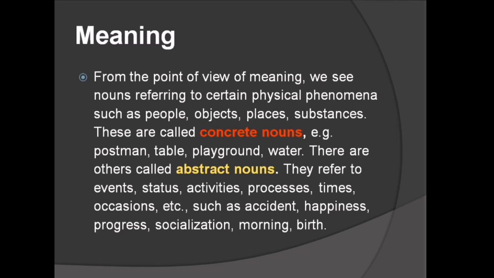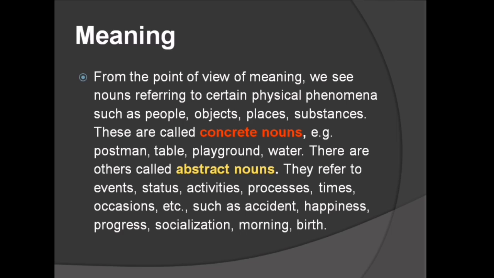Now what are the concrete nouns? The nouns which explain certain physical phenomena such as people, objects, places, substances. These kinds of nouns are referred to as concrete nouns. For example, postman, table, playground, water, etc.